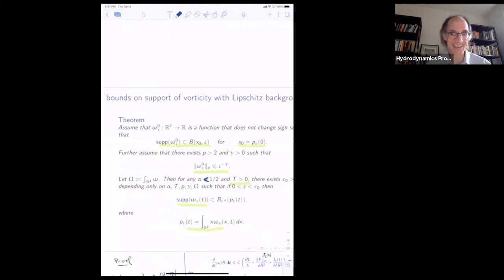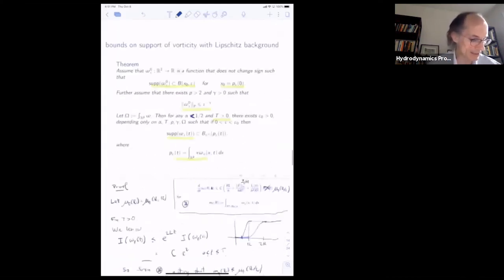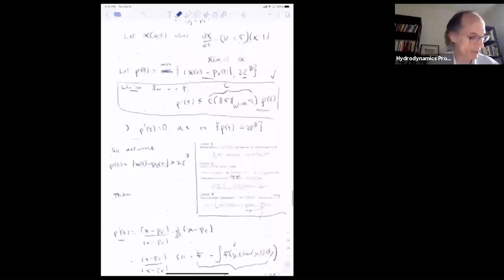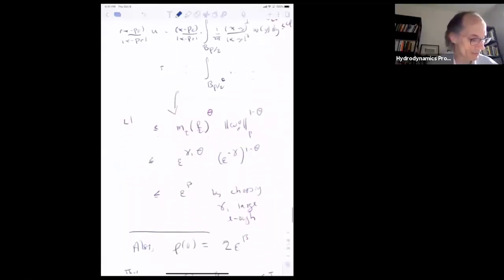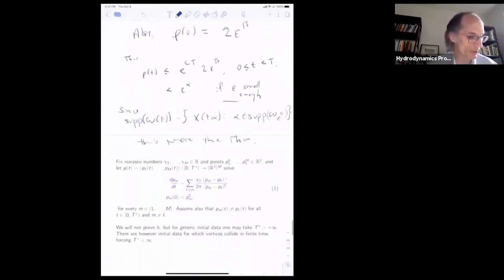And it rests on this careful computation of the radial component, the outward radial component of the velocity field generated by a vorticity in a small ball. And then finally, we won't finish this today, unfortunately, but I want to go back.